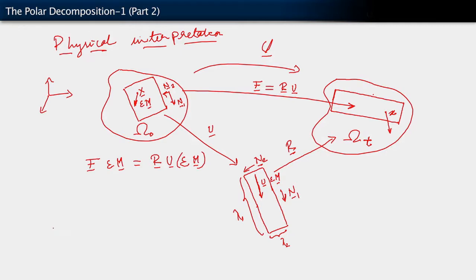So, U stretches neighborhoods around X. R rotates them.